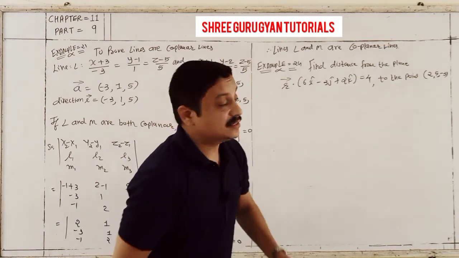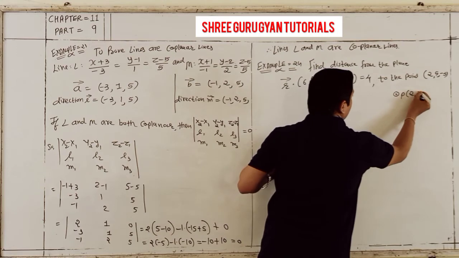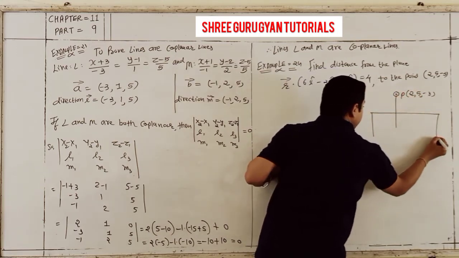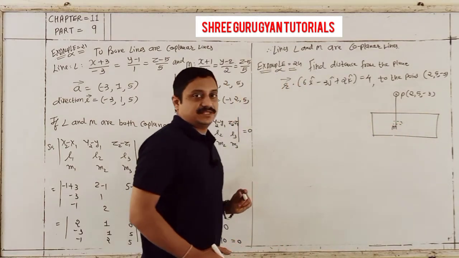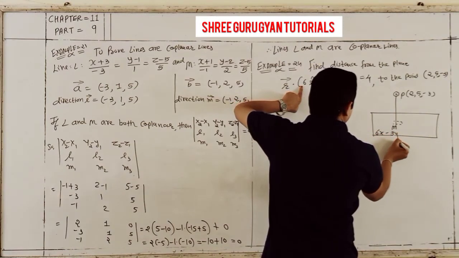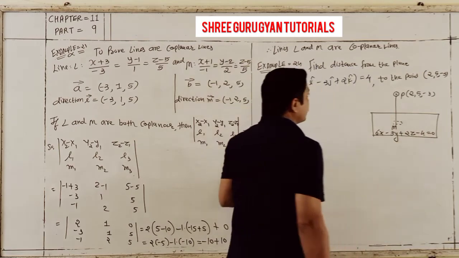It's very simple. Students, here you consider your point P (2, 5, minus 3), and that's your distance from the plane. I want the answer: here a perpendicular distance, PM distance, and the plane is 6x minus 3y plus 2z minus 4.